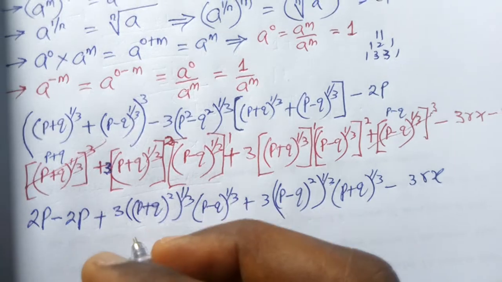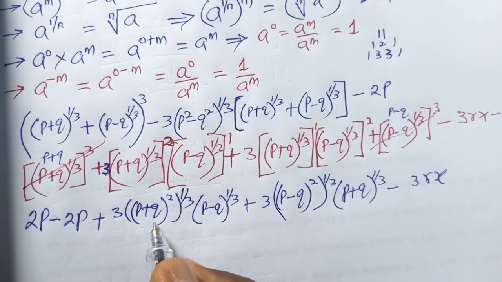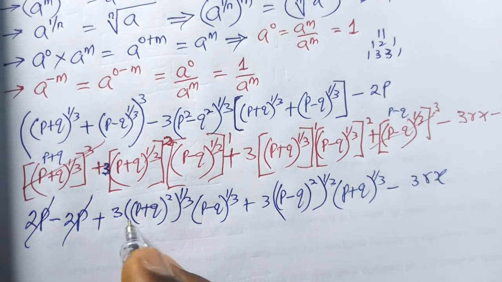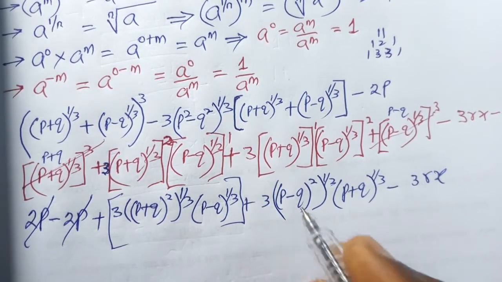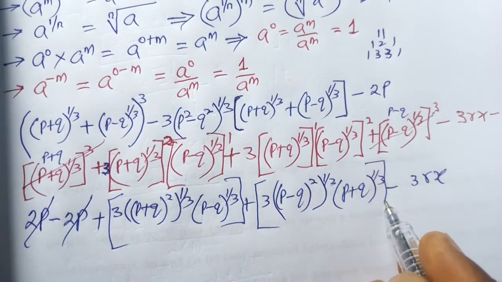So we now open this bracket. This one cancels. If we open this bracket, remember this one is with this and this one is with that.